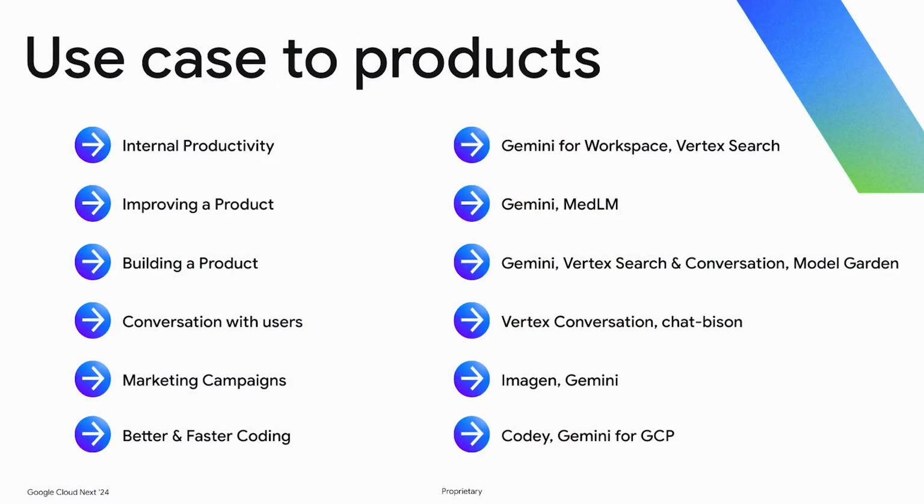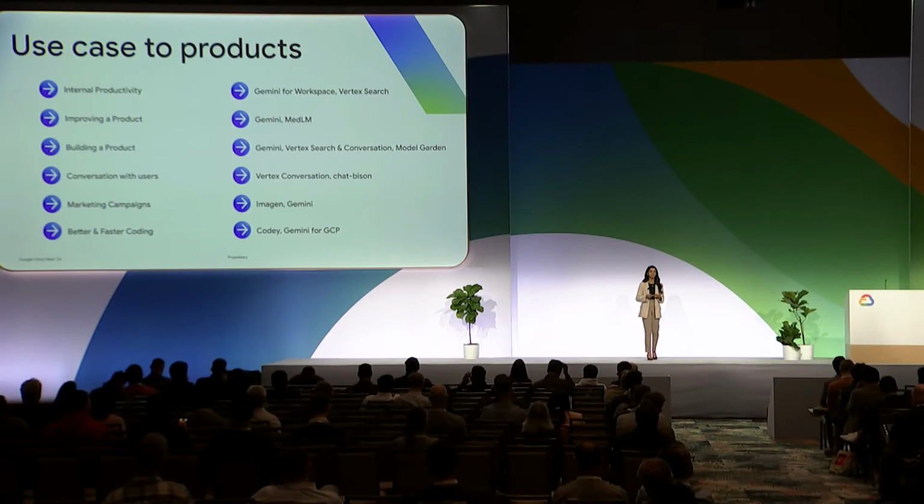I won't go through every single one of these, but I do this because you'll see Gemini is listed in almost every single one. There's a lot of overlap here. And this is because you can solve a problem, especially with Gen AI, in a multitude of different ways. And so depending on some considerations like the amount of resources you have, what your timeline is, that can determine which of the options listed you can do, right?